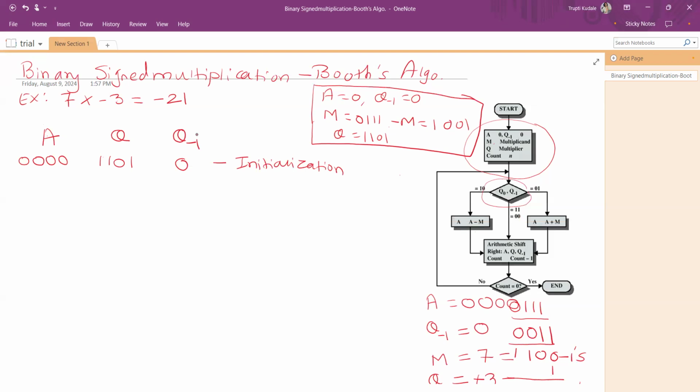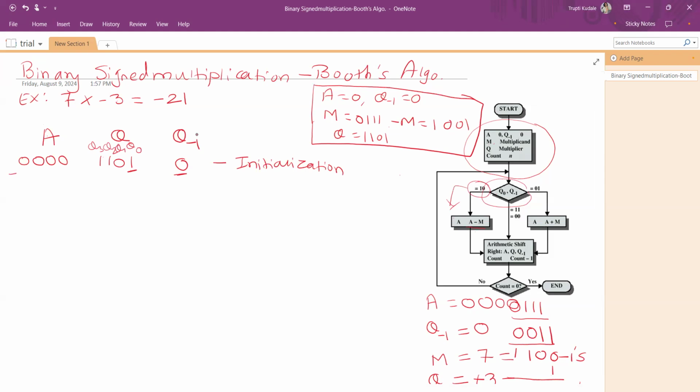This bit is Q0, this is Q1, Q2, and Q3. So this is the Q0 bit and this is the Q minus 1 bit. If Q0, Q minus 1 is 1, 0, I will perform this operation, that is the accumulator will store the value A minus M.